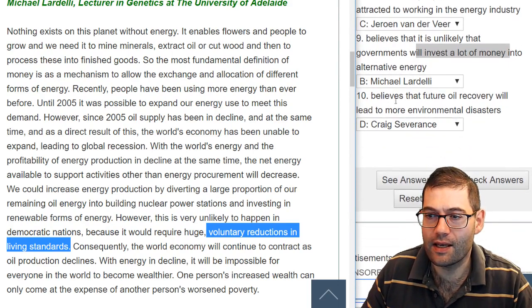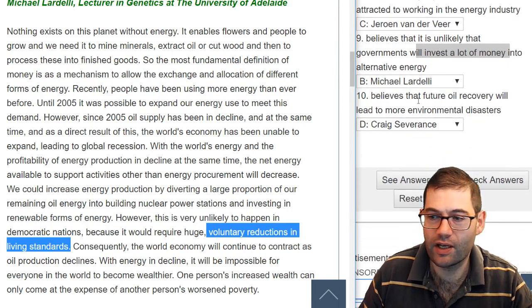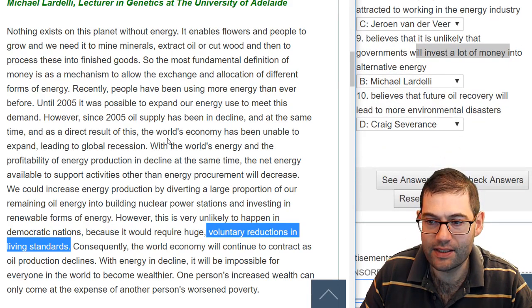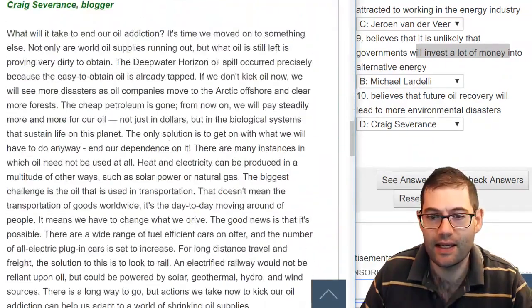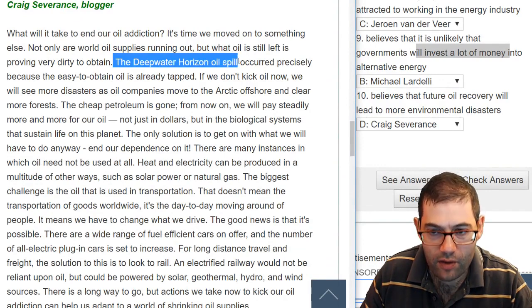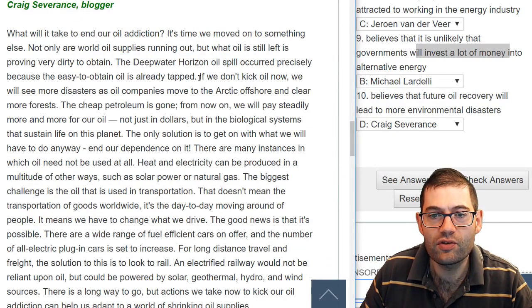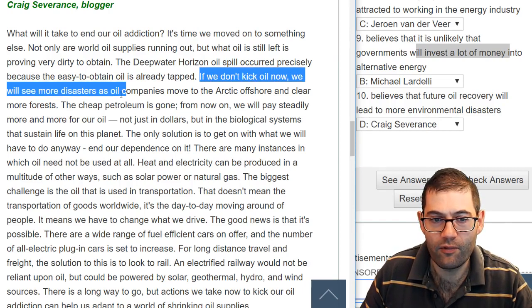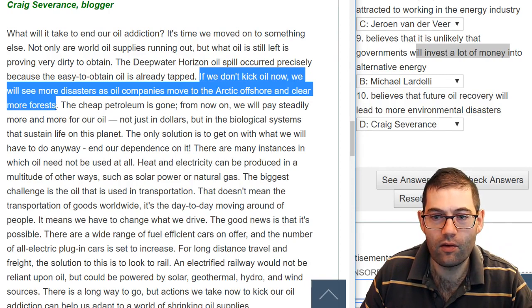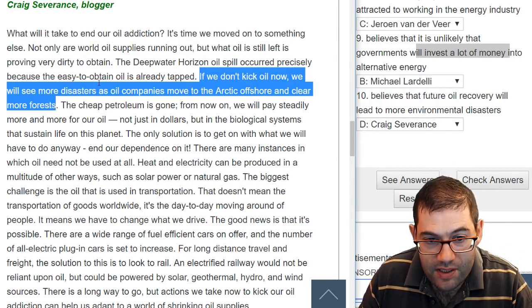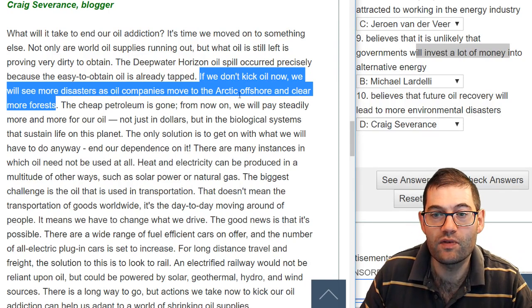And for number 10, which writer believes that future oil recovery will lead to more environmental disasters? This is in D. And we can see that here. The conversation begins with the Deepwater Horizon oil spill, but then goes on to say, let me just highlight that properly. If we don't kick oil now, we will see more disasters as oil companies move to the Arctic offshore and clear more forests.